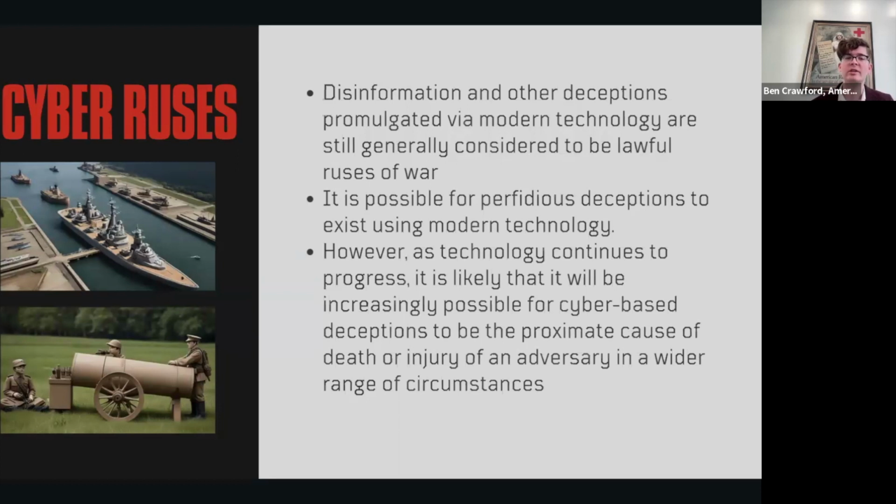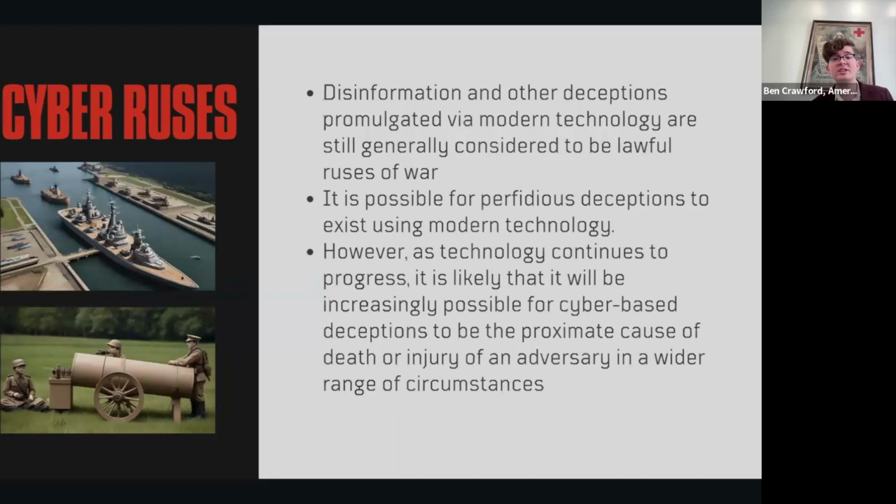So if on the drive to that so-called surrender, the adverse party drives over a series of mines and their transport explodes, that would not be a perfidious act because the email that was sent was not the proximate cause of that death or serious injury of those enemy combatants.